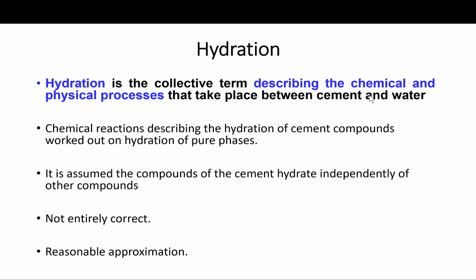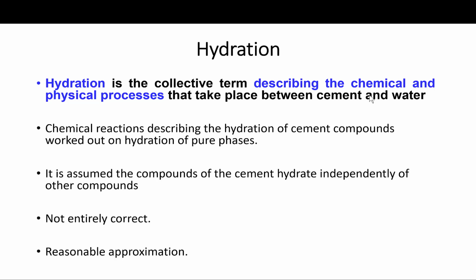Okay, so the chemical reactions describing the hydration of the cement compounds have been really worked out through the study of the hydration of pure cement compounds. It is assumed that the hydration of each compound takes place independently of others that are present in Portland cement.